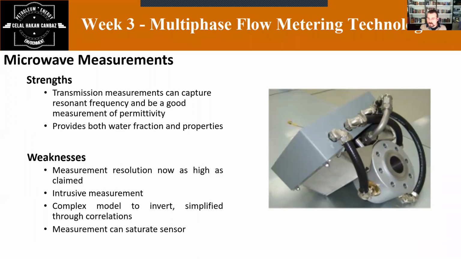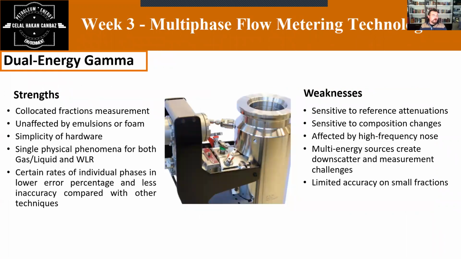From this point, I will continue with one of the latest technologies and one of the best methods applied in the industry. We call it the dual energy gamma system. Its strength is collocated fractions measurements.